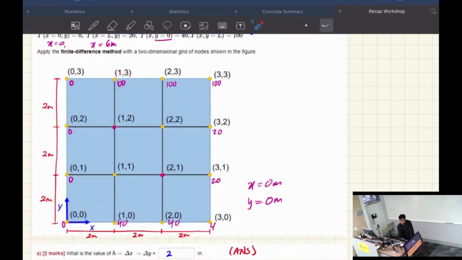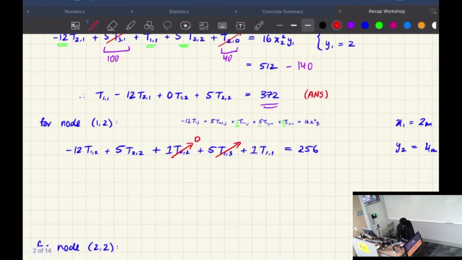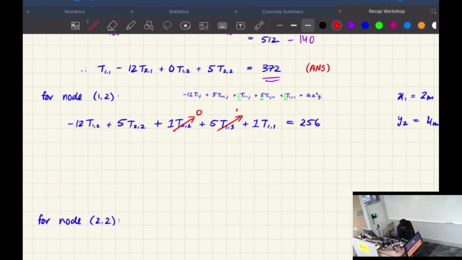It's 100. Cool. So altogether, this term just becomes 500, 5 times 100, which is 500. Now, do we have any other boundary conditions? Nah. These are all the interior points. We've got no clue what they are.